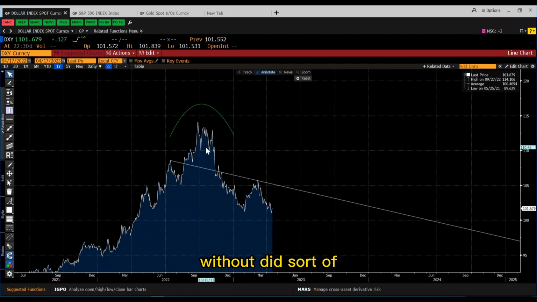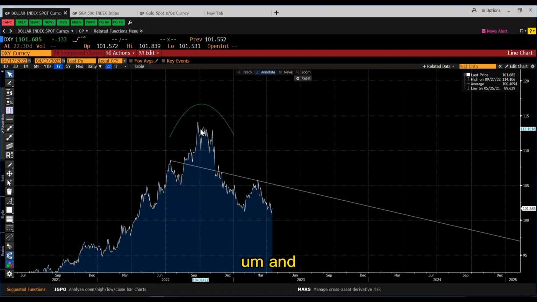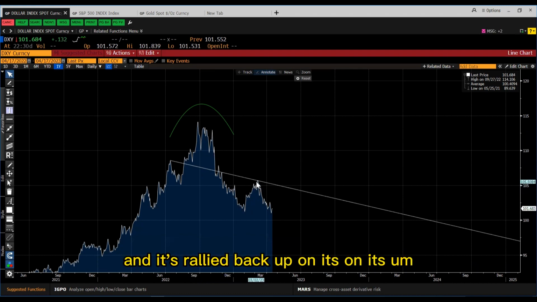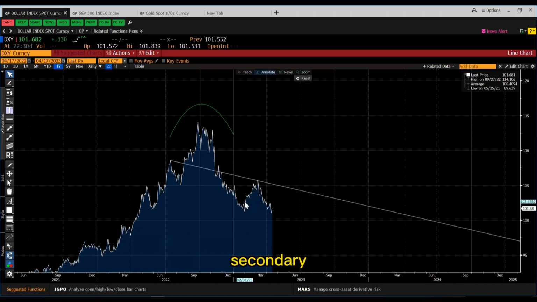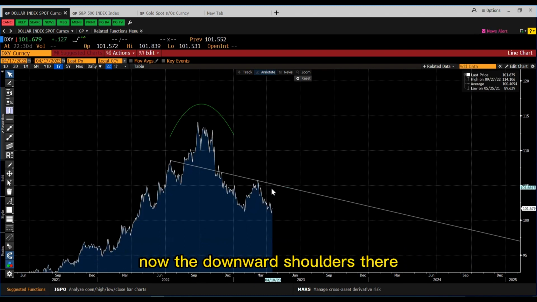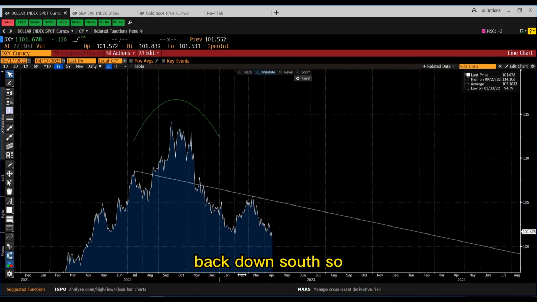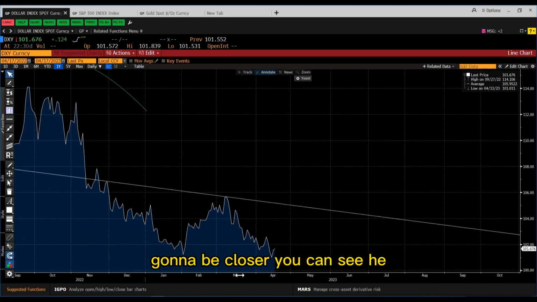Although it did sort of consolidate a little bit up there, we did peak, and it has since come off, and it's rallied back up on its secondary rise there, and it's formed the shoulders. Now the downward shoulders there indicates that it is a bearish trend, and it's starting to now continue the slide back down south.